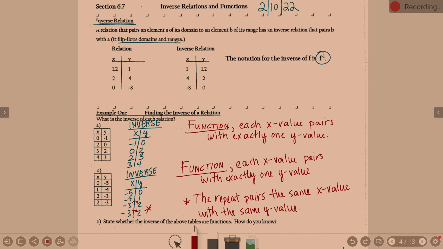Okay, so if you want a side note to yourself of, wait a minute, why did it end up being a function even though that x repeats? Don't just solely go on, I know you're taught, oh, x repeats. Check those y's out before you decide for sure.